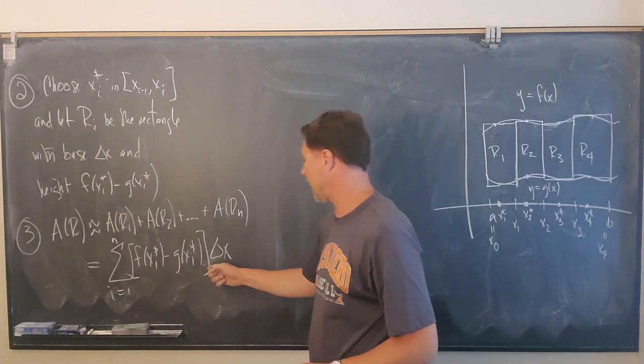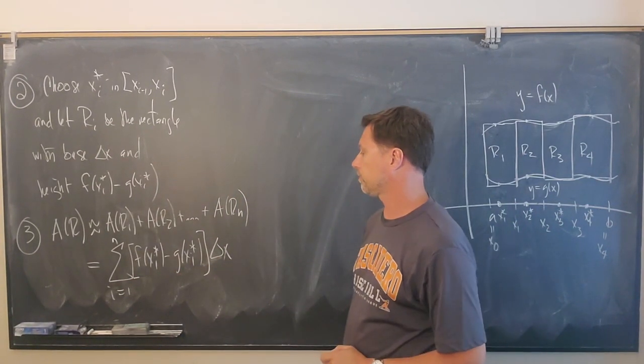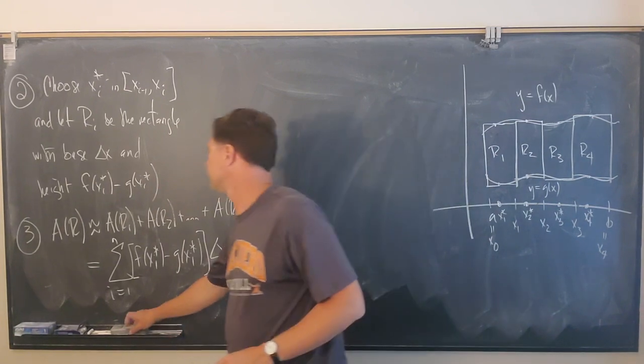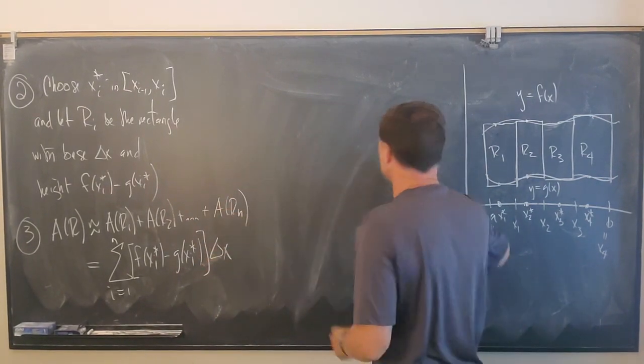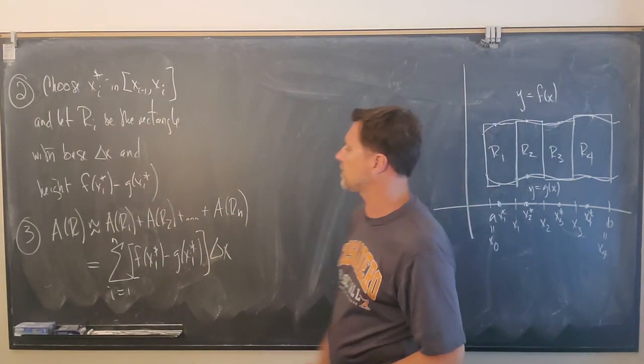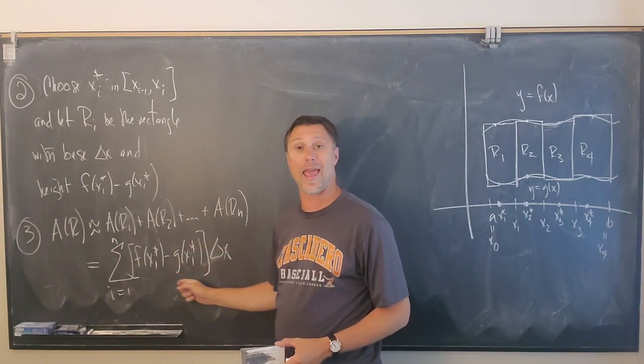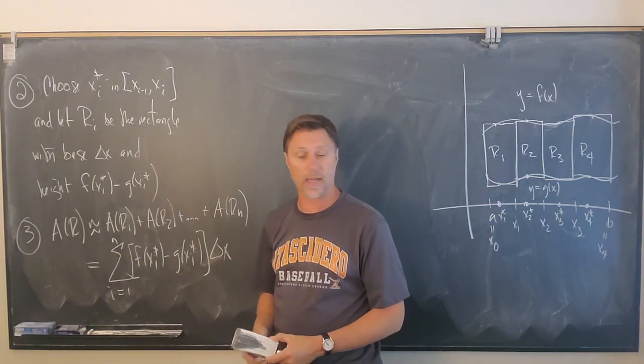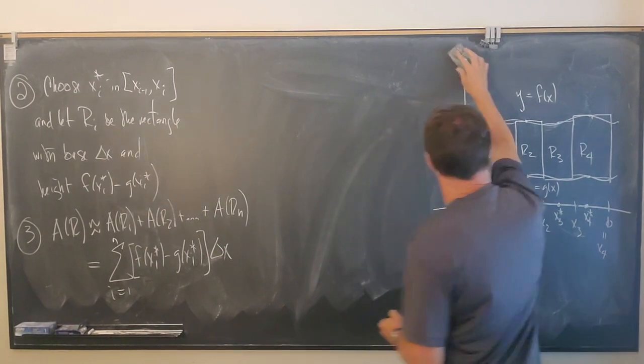This is the height, and that's the base. So here's an approximation of the area, and all it's doing is saying add up the areas of our n rectangles. Once you get those, that gives us an approximation of the total area.